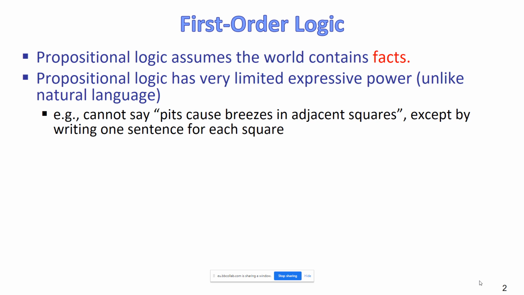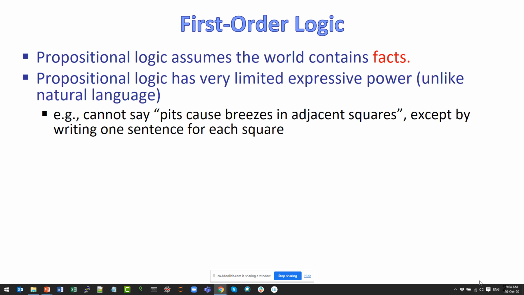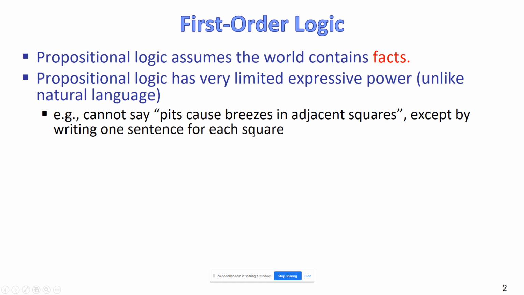Another example of limitation in propositional logic is the sentence that you see on the slide here. If I want to say that pits cause breezes in adjacent squares, I have to list a sentence for every square. So I say for square 1, pits can cause breezes.